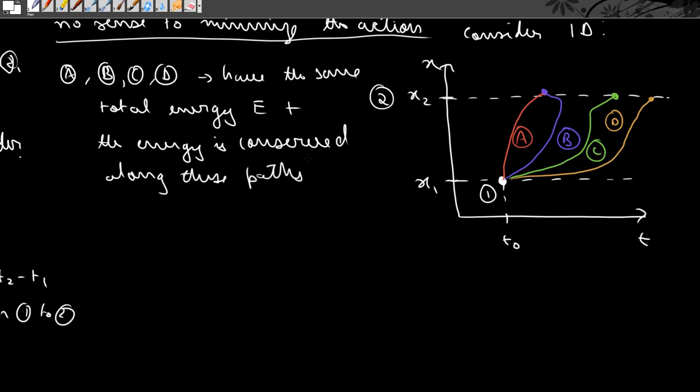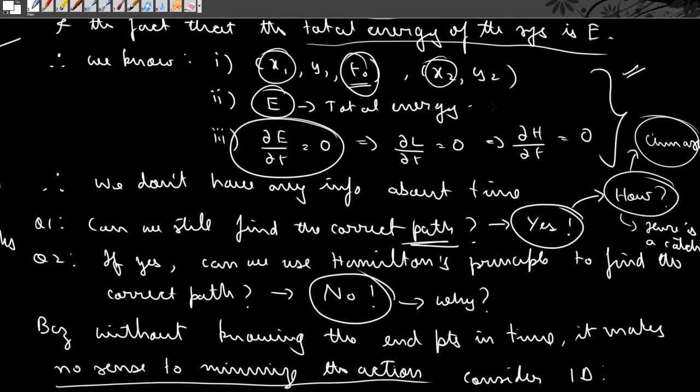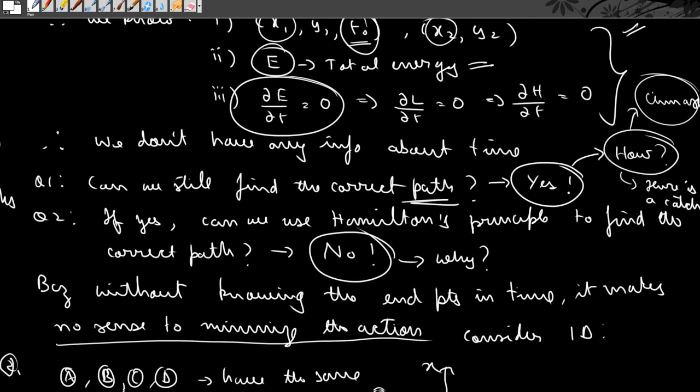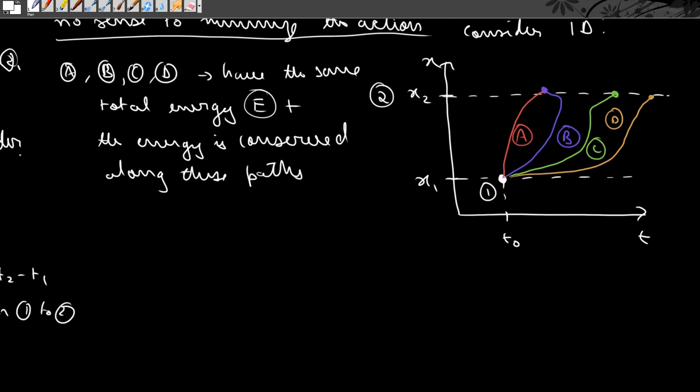Only then can these four paths become different possibilities through which the system can move. If either of these paths did not have the total energy as E, then it violates the fact that we already know that the system's total energy is E. Therefore, the possible paths which we consider should also have the same total energy E.